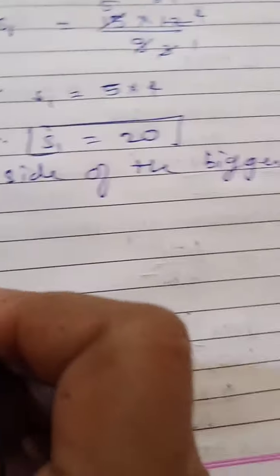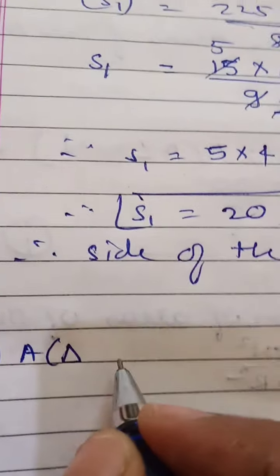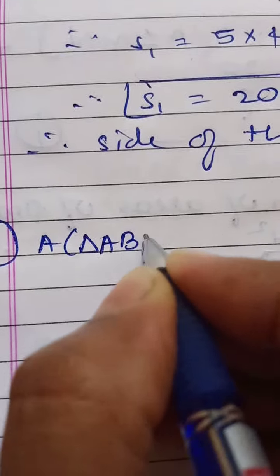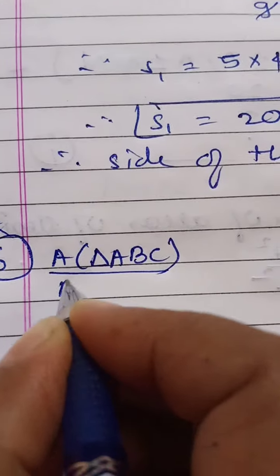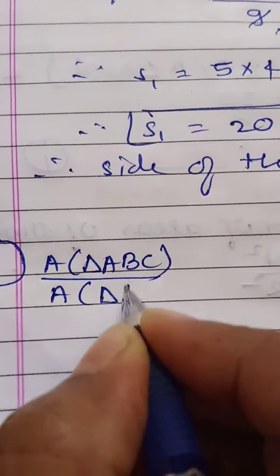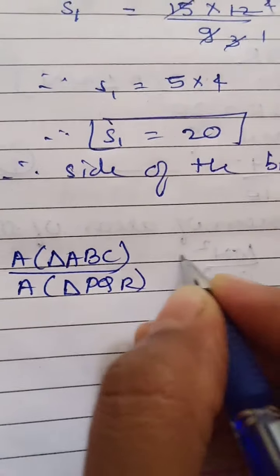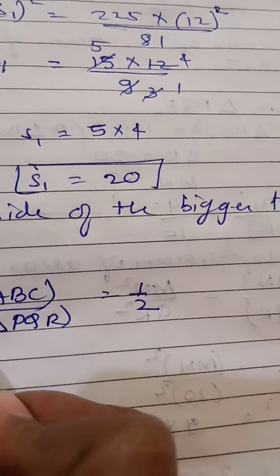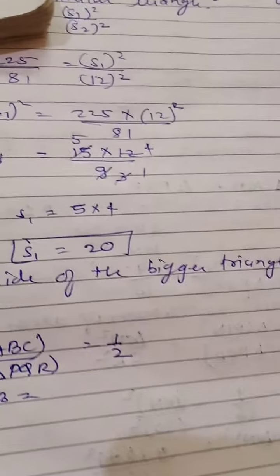Okay, so here what is given? The ratio of the areas of the two triangles is given: area of triangle ABC upon area of triangle DEF is equal to 1:2. AB is equal to 4.